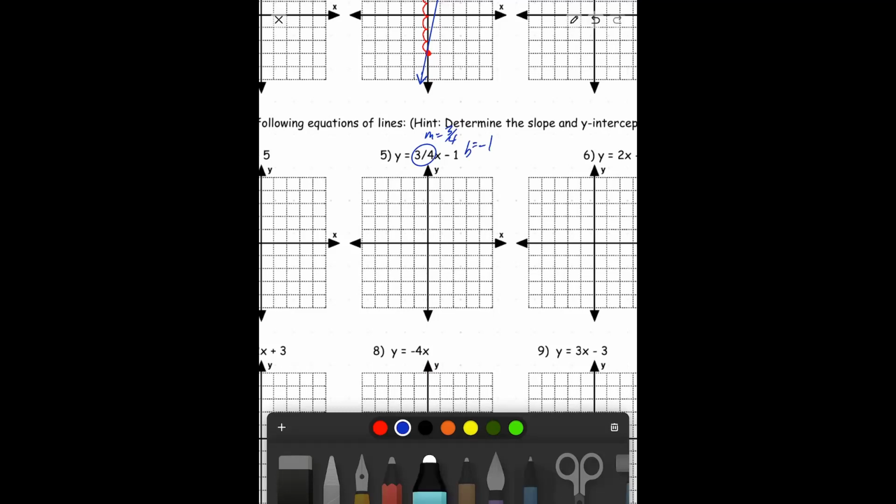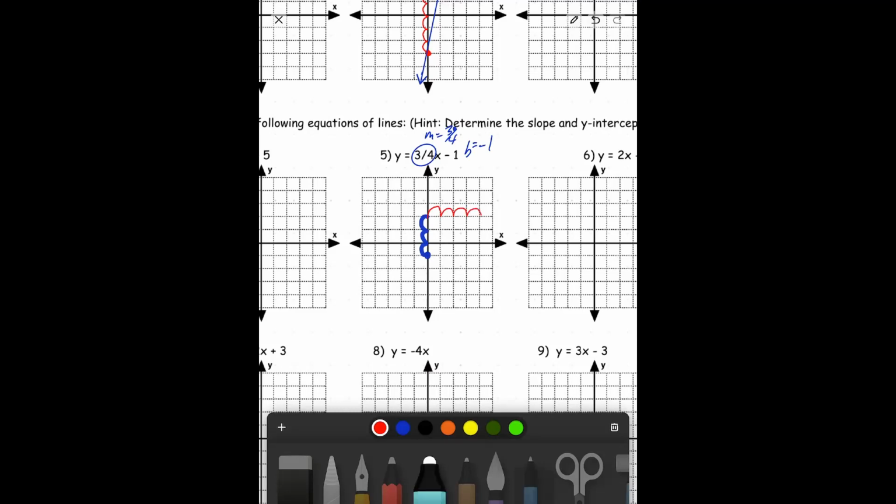So we're going to do the same thing we did before. We're going to begin with the y-intercept, which is here, -1. And then we're going to use the slope to determine how to move. So the slope is +3/4. Basically what I'm going to do is go up 3, 1, 2, 3, and then run 4, 1, 2, 3, 4.